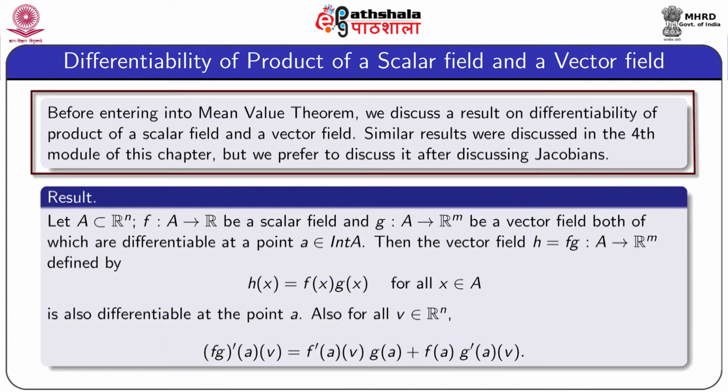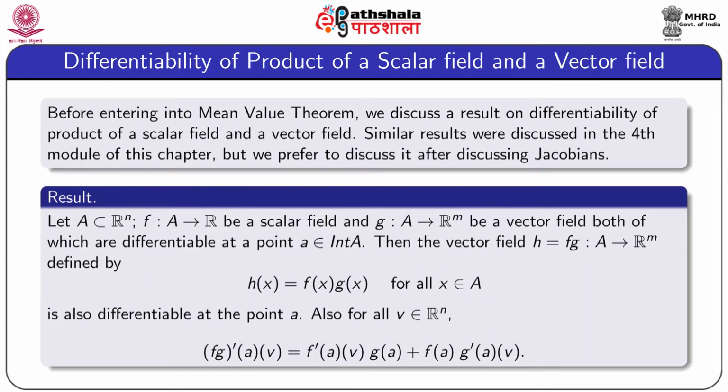Before entering into the mean value theorem, we discuss a result on differentiability of the product of a scalar field and a vector field. Similar results were discussed in the fourth module of this chapter, but we prefer to discuss it after discussing Jacobians.